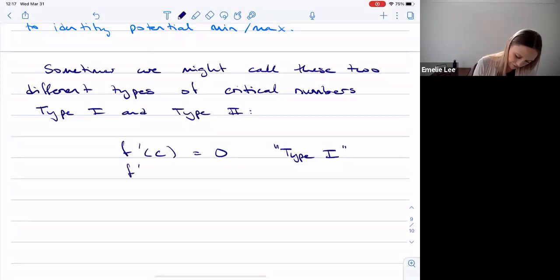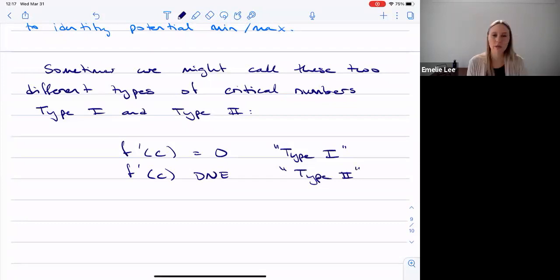And if the derivative at C does not exist, I'll call that a type 2 critical number. You don't need to use that, but if you find it helpful, then use it. As long as you remember to check both cases, it doesn't matter.